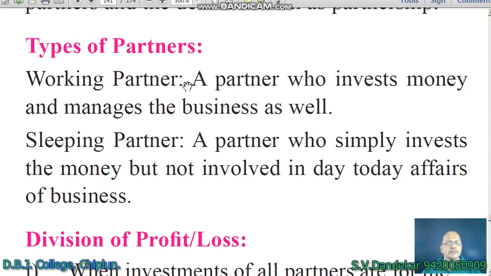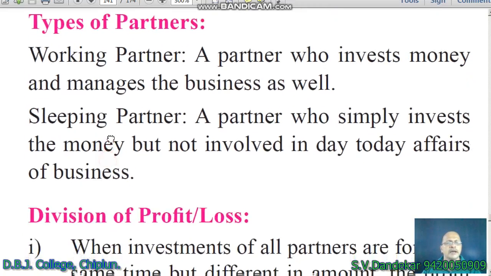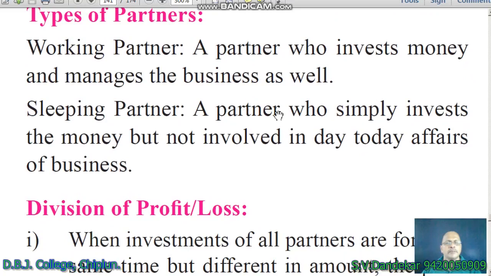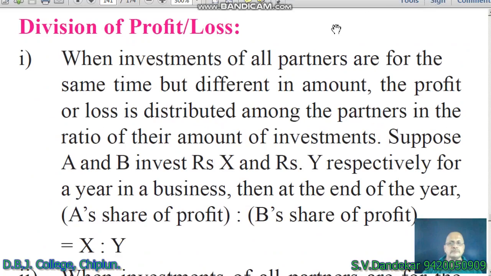A sleeping partner is a partner who simply invests the money but is not involved in the day-to-day affairs of the business.